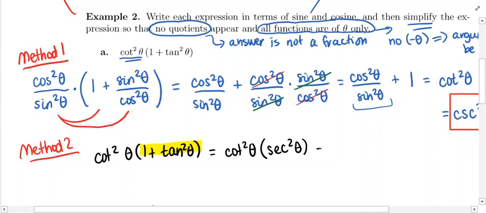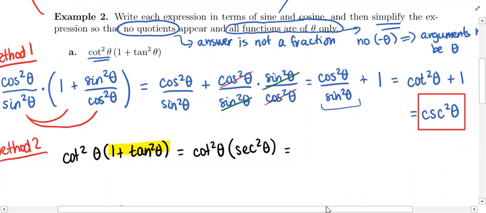Okay, so now I'm going to change it over to sines and cosines. Okay, so the cotangent squared of theta, that is the cosine squared of theta over the sine squared of theta times the secant squared of theta. That is, secant is 1 over cosine, so secant squared of theta is 1 over the cosine squared of theta.